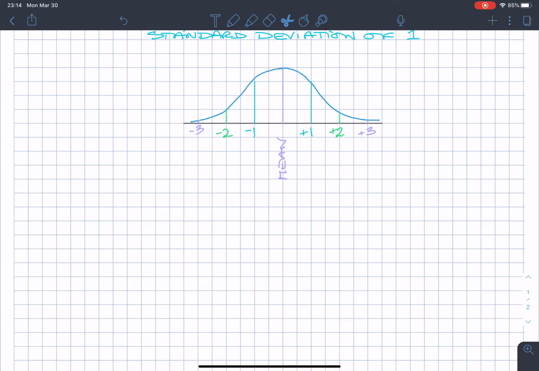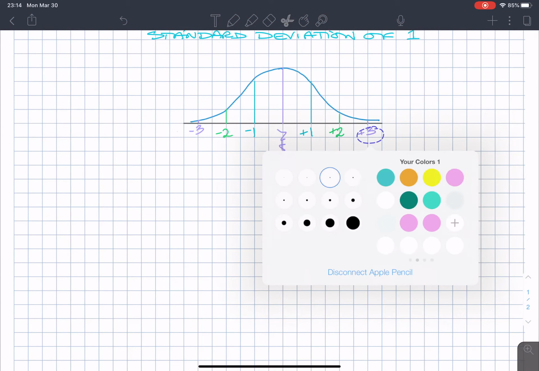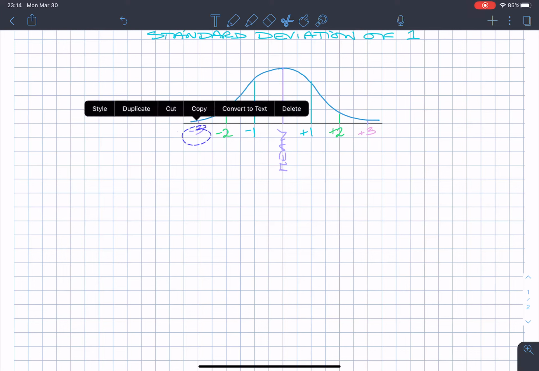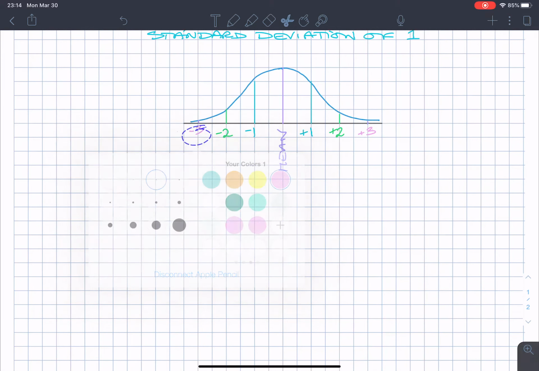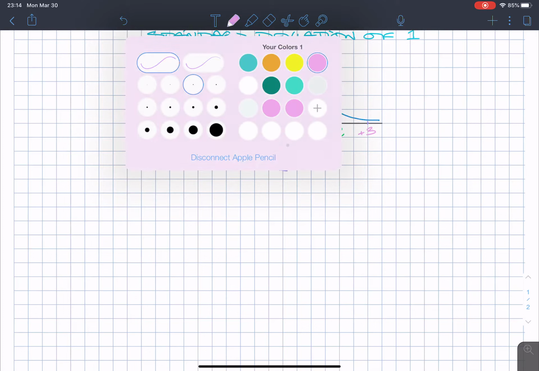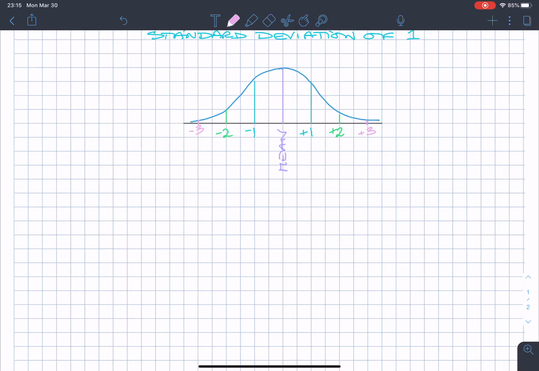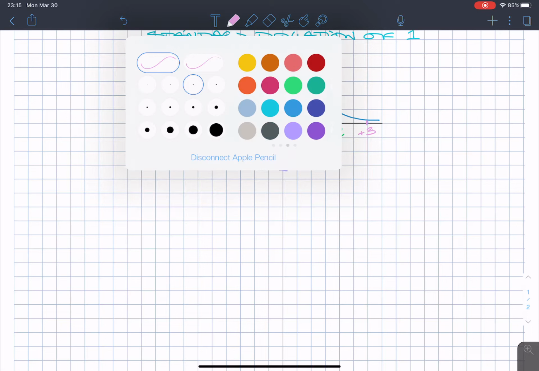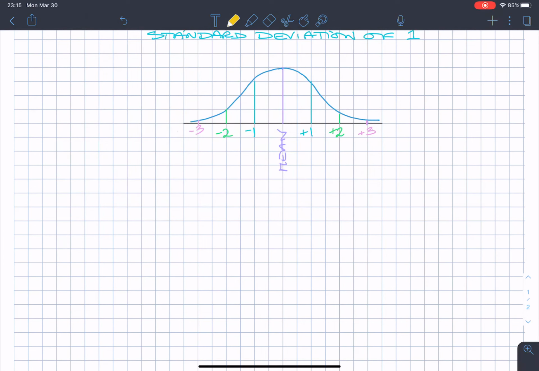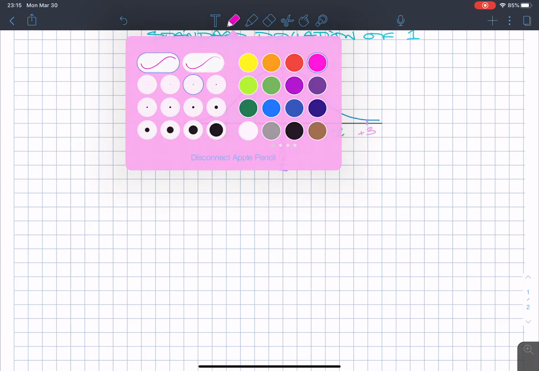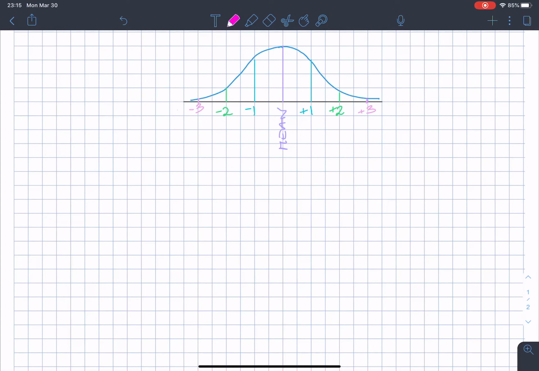Of course I reused a color, so I will change +3 and -3 to pink. Okay, so that means I need to change these lines to pink. Let's use hot pink.